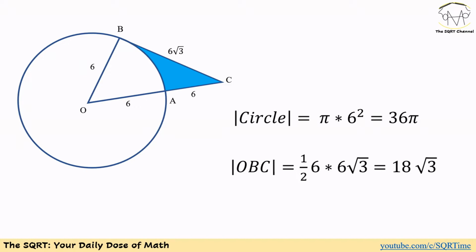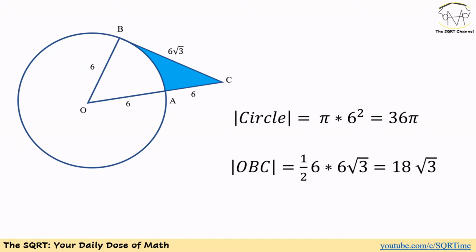On the other hand, the area for the triangle OBC can be calculated as OB times BC times 1 over 2. Since OBC is a right triangle, if we replace the values that we have, we are going to find 6 times 6 square root of 3 over 2, which can be written as 18 square root of 3.